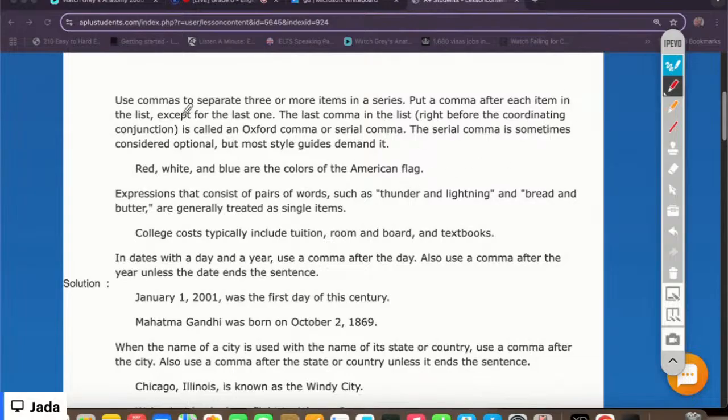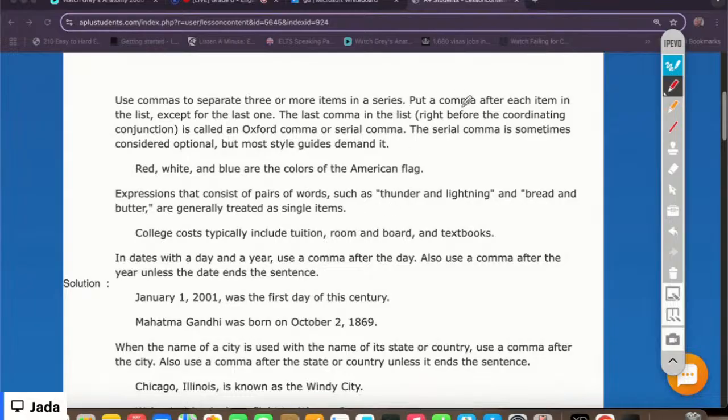Put a comma after each item in the series and in the list except for the last one. So you have to put commas after each of the items in the list except for the last.